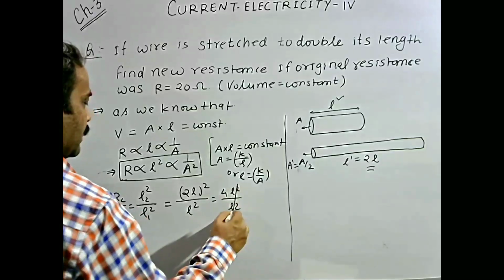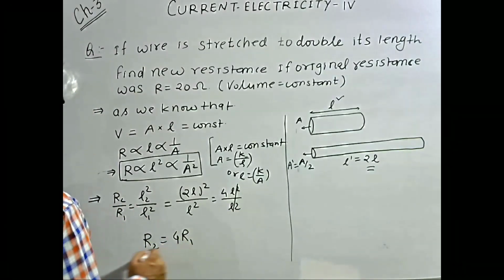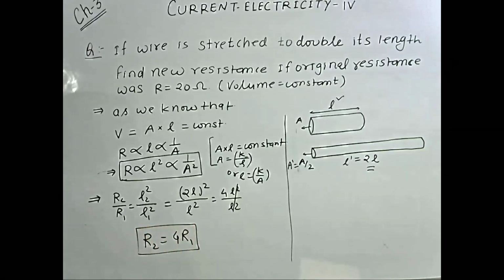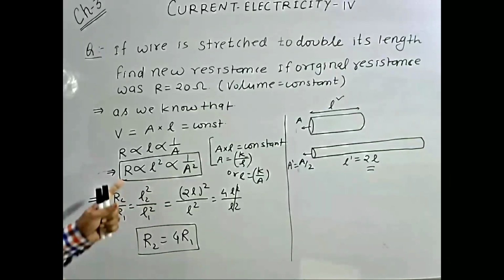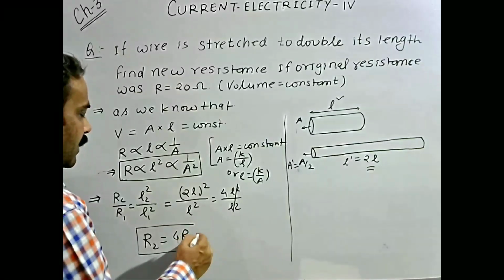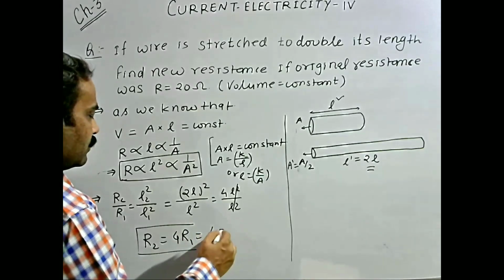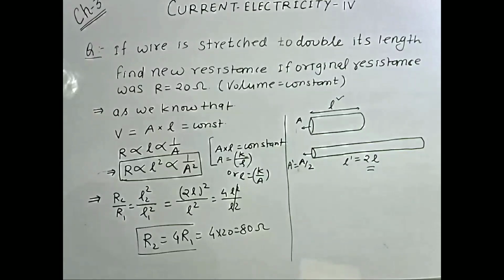L square cancels. So R2 equals 4 times R1. Clear? In the same way you can estimate if area is changed. So R is inversely proportional to A square. Now again here you can put the value of R1, it is given 20, so 4 into 20, and this is equal to 80 ohm. Clear? Now you can note down.